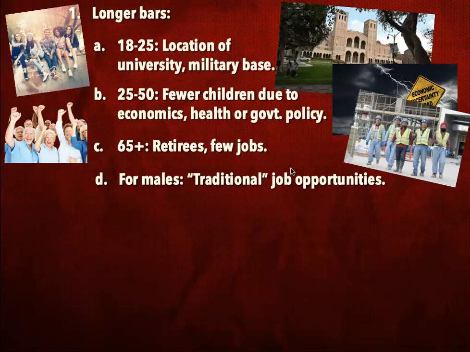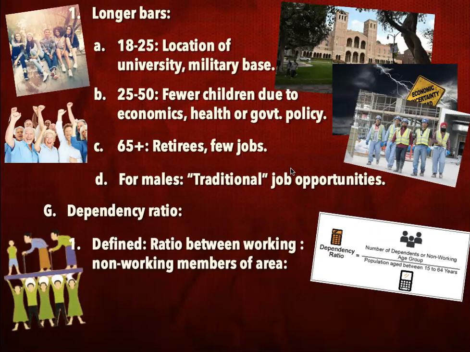So, you still see those bulges and those longer bars in some places, and it's a reflection of what are considered to be jobs that are proper for men versus jobs that are proper for women. All right, dependency ratio. And we're just going to talk about some almost straight up definitional stuff that we had in our list and that you're going to be quizzed over.